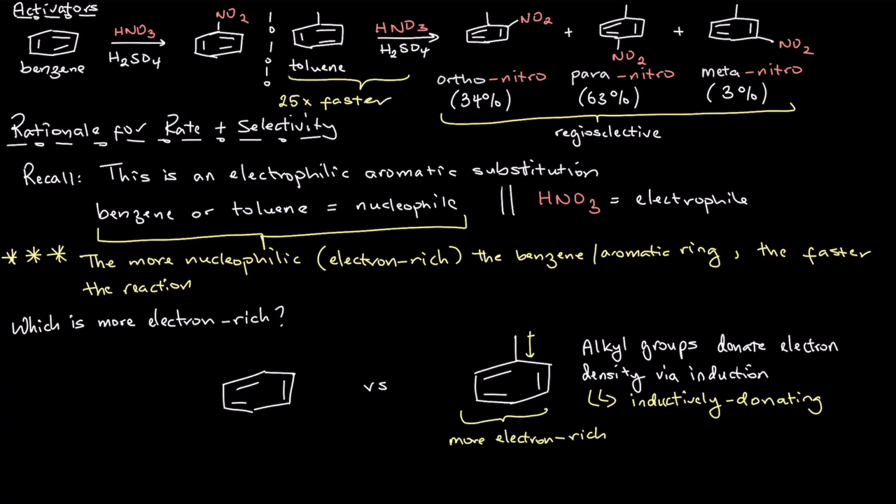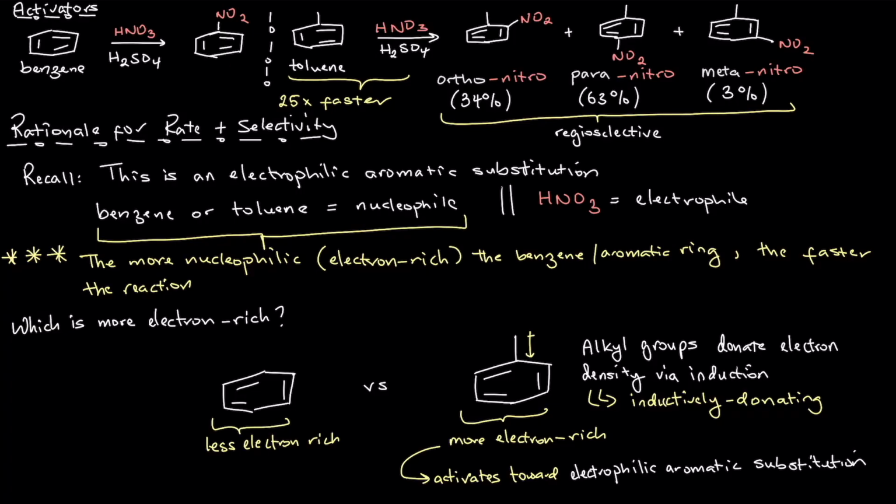And because alkyl groups are inductively donating, that benzene ring is going to be more electron rich in toluene than in your parent benzene compound. And so therefore we would say that the alkyl group essentially activates your benzene towards electrophilic aromatic substitution. This is why we call these types of groups activating groups, because they make that benzene ring more electron rich and in other words more nucleophilic, and so they become faster towards electrophilic aromatic substitution reactions.